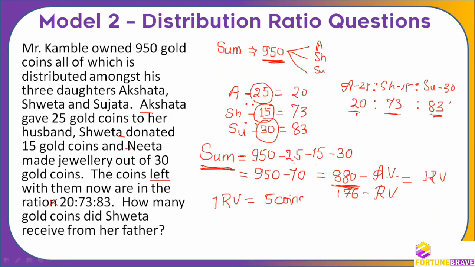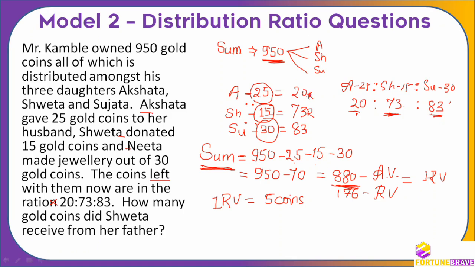Okay, now how many gold coins did Shweta receive from her father? Shweta received 73 ratio. This is a ratio, my dear friends, not the actual value.